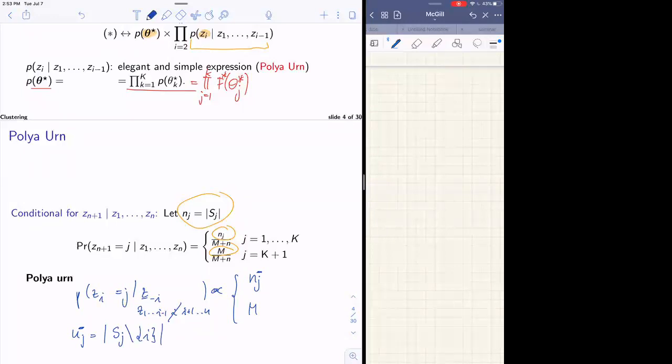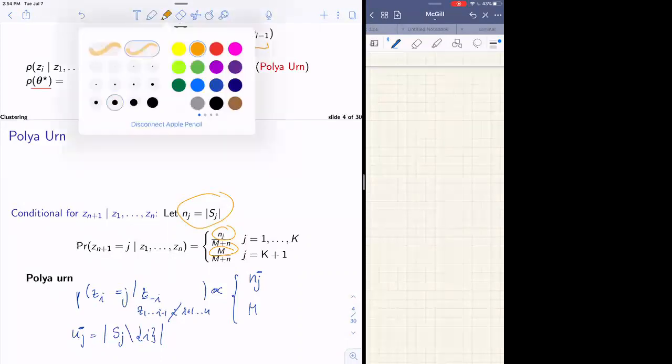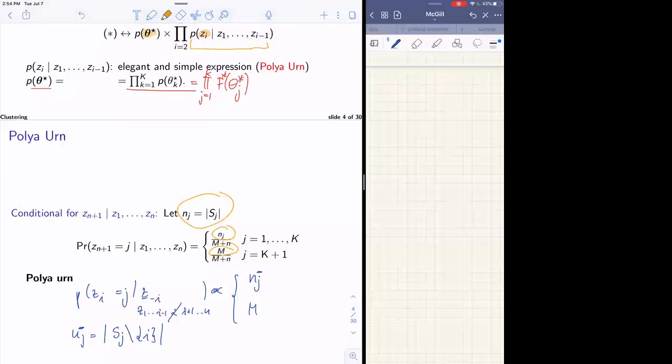Can you read my notation in the bottom line of the slide now? In plain English, this is just after you take out the ith guy, like we're talking here about resampling the ith guy. When you take the ith guy out of the jth cluster, which for many clusters is not going to change anything, then nj minus is simply the size of that cluster after you remove the ith guy.